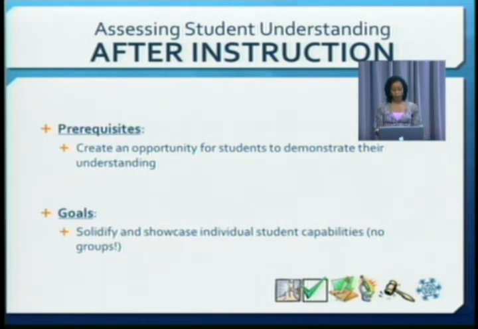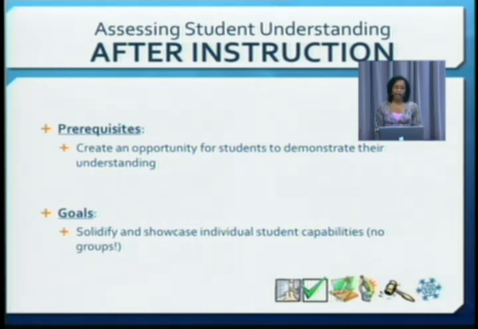And so here's an example of just ways that I've done that in the past, using various technologies, again with the goal of having them solidify their understanding and also showcasing their individual capabilities. And I emphasize the individual because at this point, it is so critical that they do this on their own, because there can tend to be a reliance on the understanding of someone else, for instance in group projects, where it's like, oh, well, I'm going to present this part, and then my classmate's going to present this part.